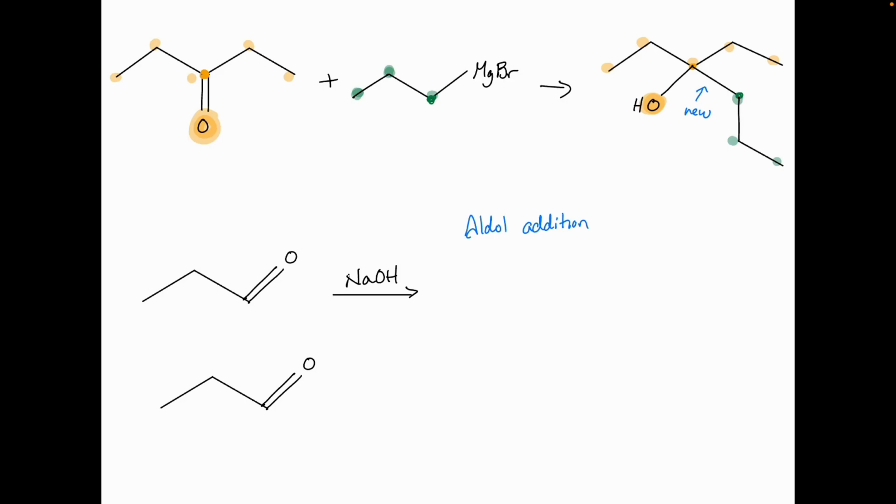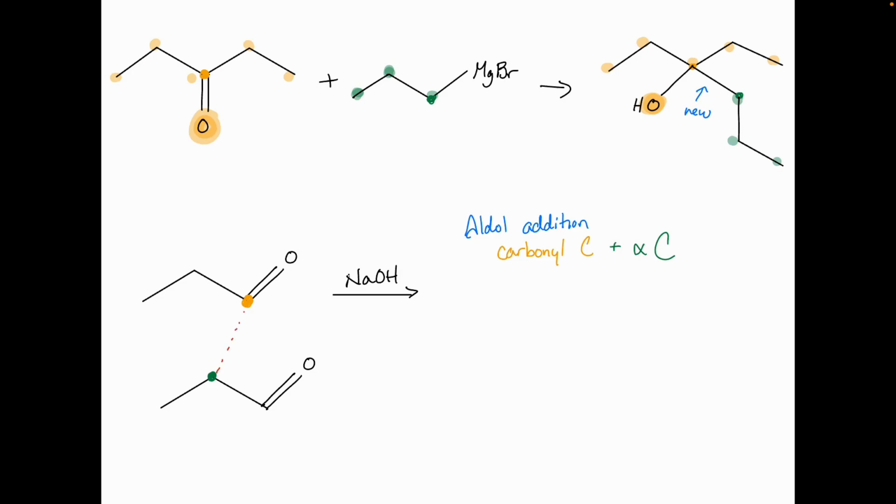So in these aldol additions, I'm creating a new carbon-carbon bond between the carbonyl carbon of one and, what we have a special name for, the alpha carbon of its neighbor. This is where my new carbon-carbon bond is going to be.